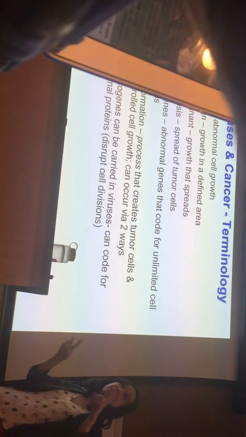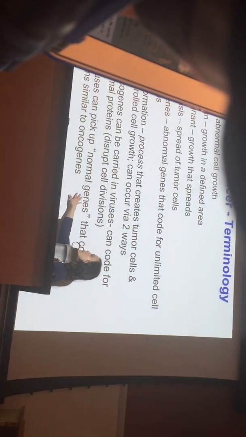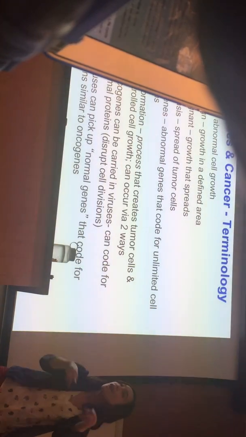So there are what we call cancer-causing viruses out there, oncogenic viruses. Those do exist. There's not a lot of them, but there are some out there. And then the last one is, viruses can pick up, so there's a world of oncogenic viruses, and then there's also kind of just inadvertently, since we just said viruses are little shuttles that can shuttle information around, sometimes they pick up just the normal genes.